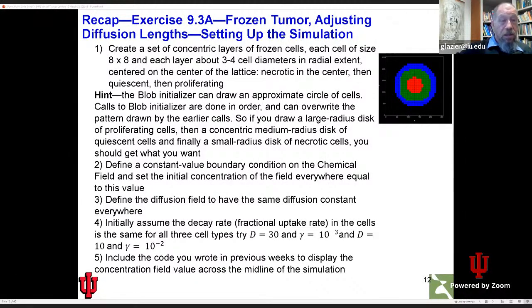I think we did it, again, at the end of last time, but it was a bit of a rush. So I want to give people time to get that working again. If you finish this exercise and you get ahead of people, there's quite a bit you could do in terms of exploring the effects of different values of diffusion constant and decay constant, or changing the relative size of the domains, or changing the uptake rates for the different cell types.